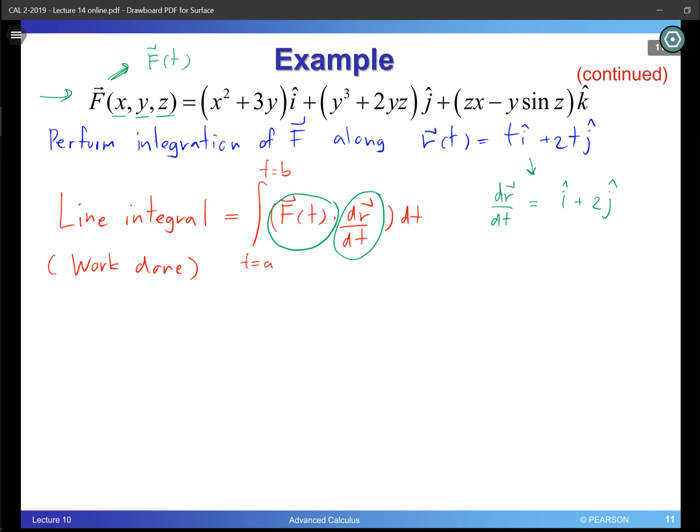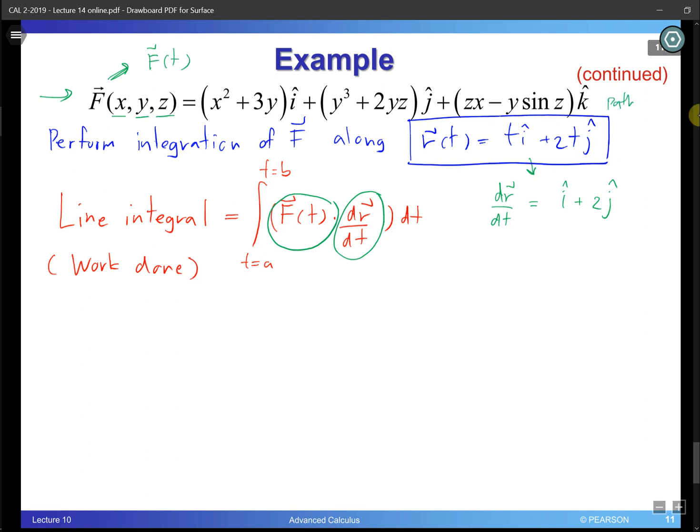How to do that? Let's take a look here. This is the line equation for the path in 3D. And you can see that when it comes to this sort of equation, the first component right here, that is the x component, tells us about the location in space. So this is the y component, and if we have the component for k, that is going to be the z component.